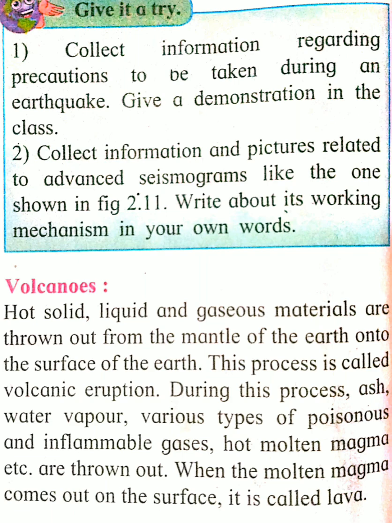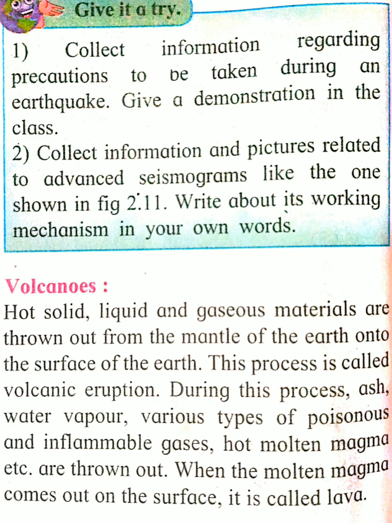Now let us move on to the volcanoes. Hot solid, liquid, and gaseous material is thrown out from the mantle of the earth onto the surface of the earth. From within, the material comes out like a fountain, goes up and falls down on the earth's surface.